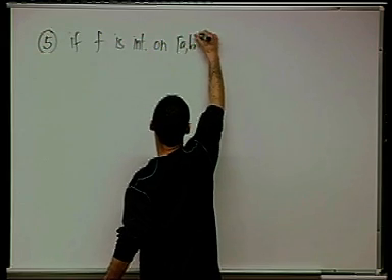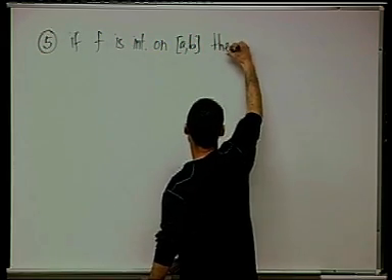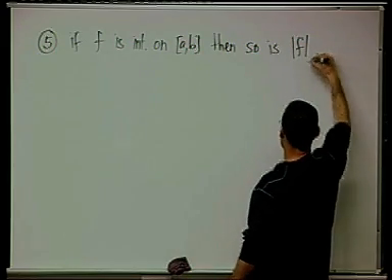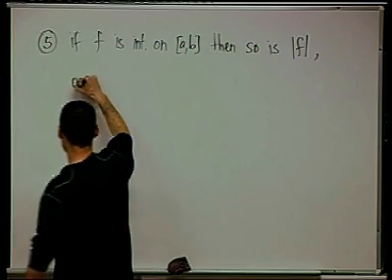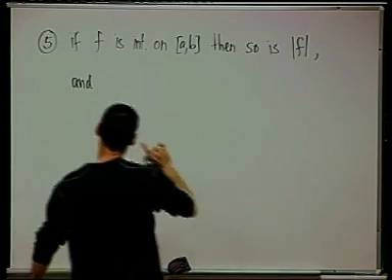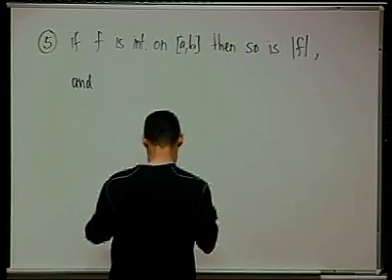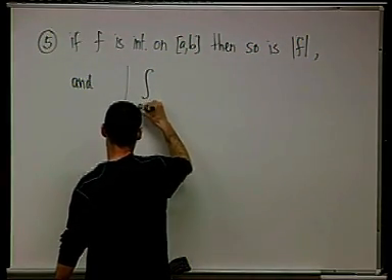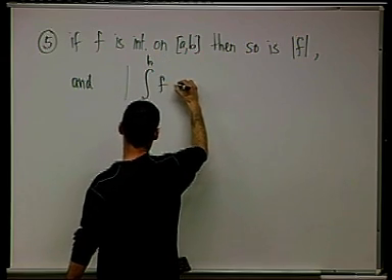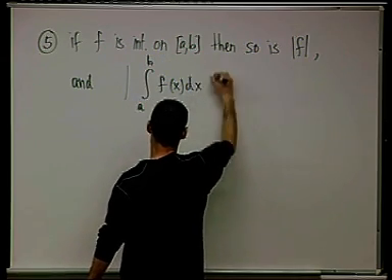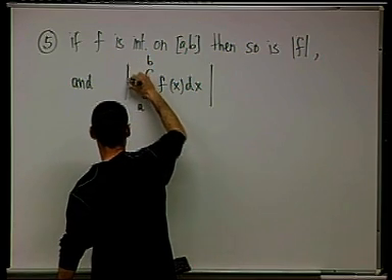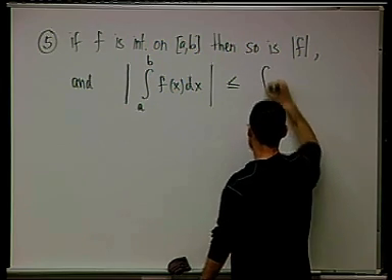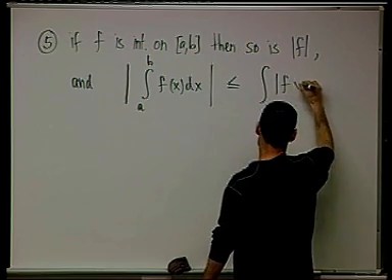On AB, then so is the absolute value of f, and there's no formula, but there's an inequality. The absolute value of the integral from a to b of f, so the absolute value of the integral is less than or equal to the integral of the absolute value.